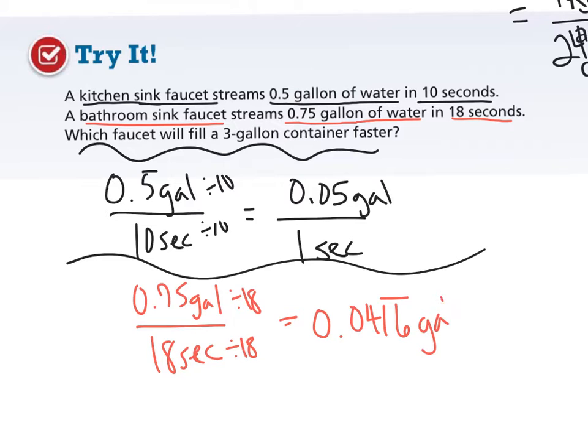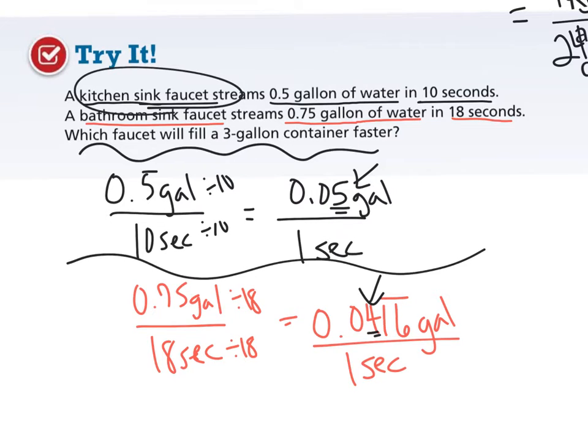The 6 is repeating only there. Gallons per second. And then we can just compare these. Well, they both have 0.0. This one has 0.05. The other one only has 0.04. So this one, the kitchen sink faucet, must be the faster one.